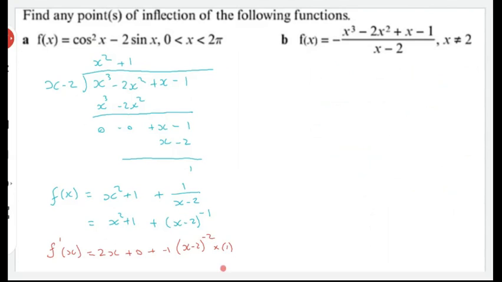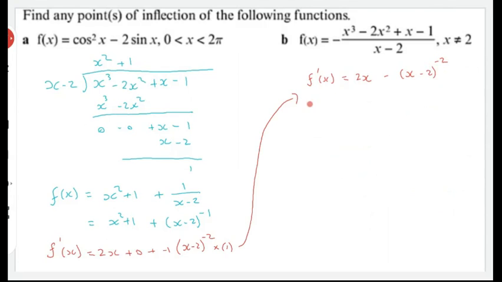Just that chain rule there. Tidying that up, I get f prime of x is equal to 2x minus x minus 2 to the power of minus 2.